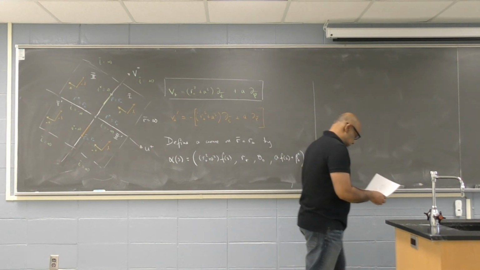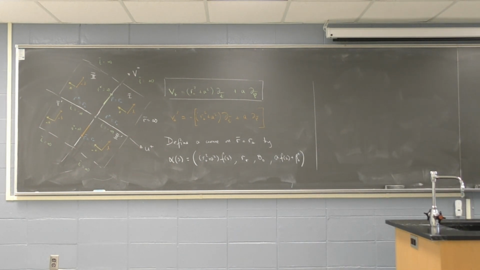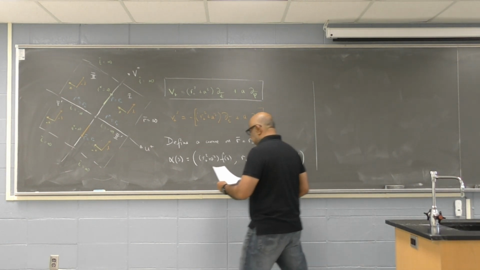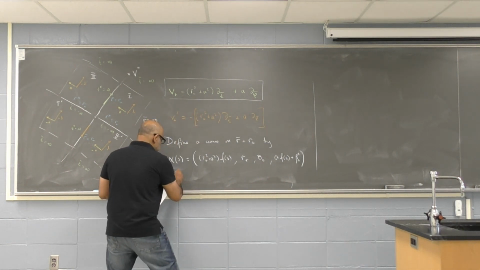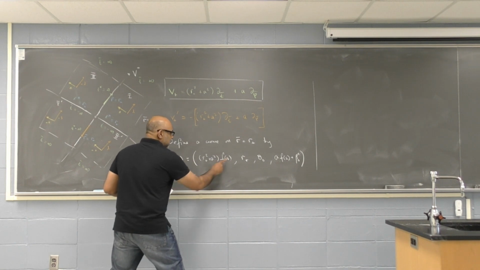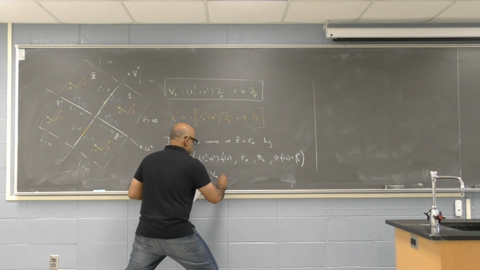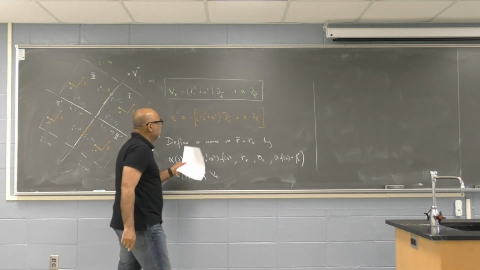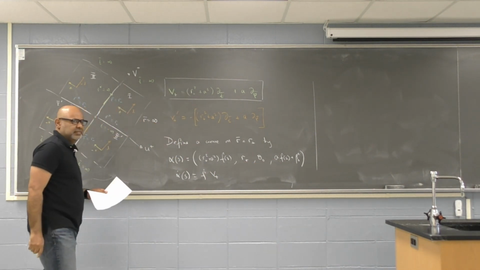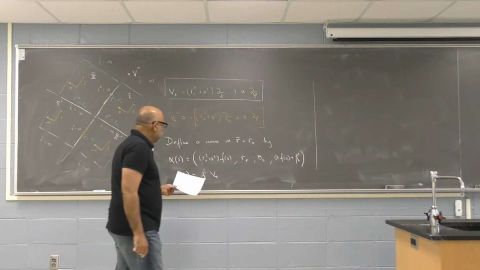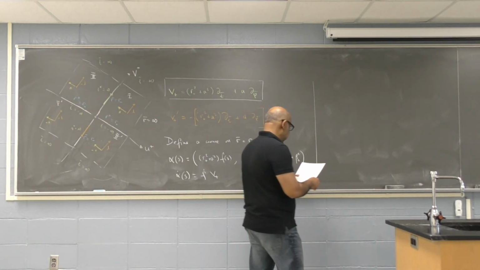So let me do the following. So there is alpha of s. I'll just get an f dot. What remains is v plus. We'll get to that.